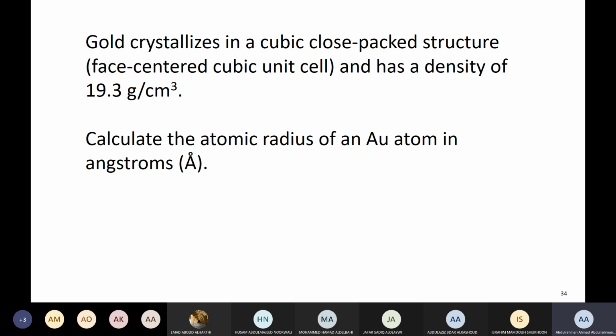Gold crystallizes in a cubic close-packed structure, a face-centered cubic unit cell, and has a density of 19.3 gram per centimeter cubed. Calculate the atomic radius of gold. Can you solve this problem?